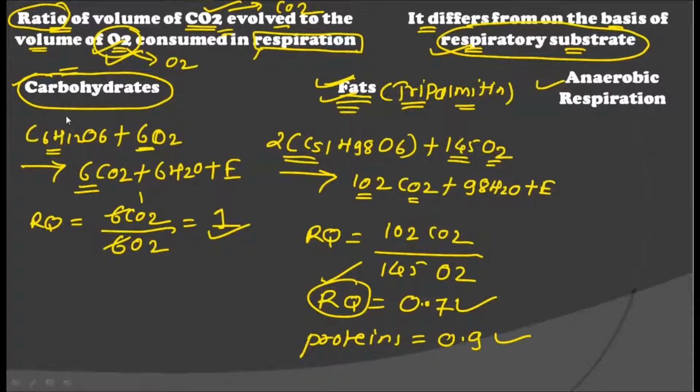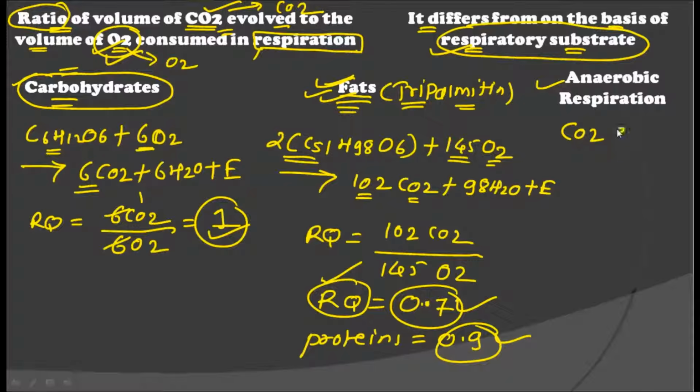Alright. So if you take carbohydrates as a respiratory substrate for the respiration, you will get the respiratory quotient as 1. While if you take the fats, you will get the respiratory quotient as 0.7. Now, here is the exceptional case of the anaerobic respiration. Now, what happens in anaerobic respiration?